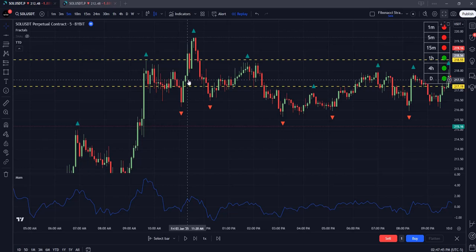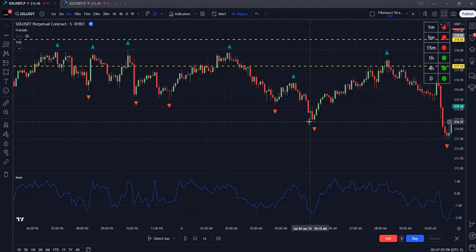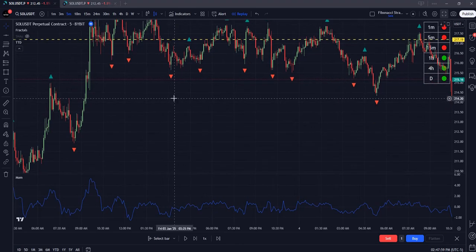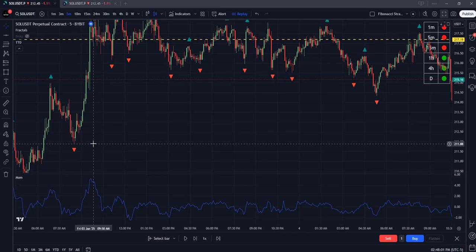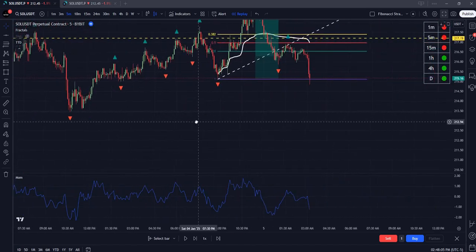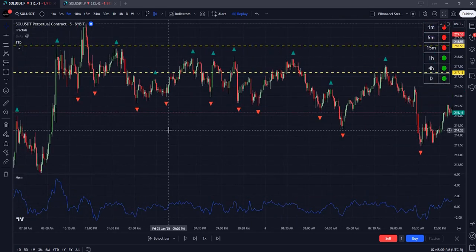I forgot the wick. Then it moves around and comes down, and I probably would have put my take profit at something like this, which would be 211, a pretty big one. Does it actually get down to 211? No, not really. So you'd probably still be in that trade if you got on that one.